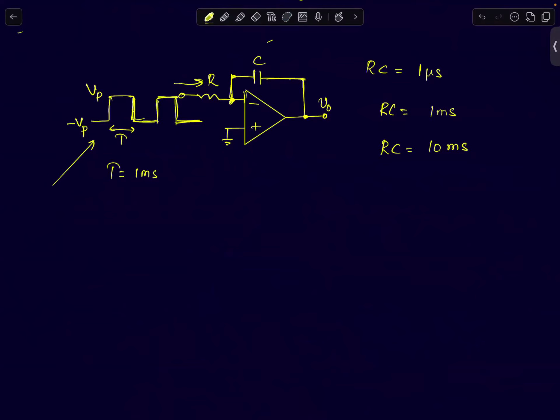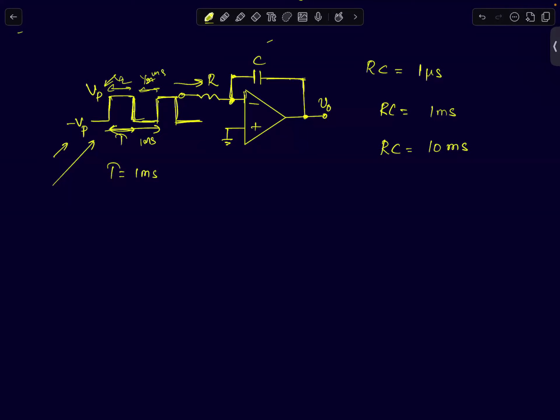Okay, so far we just analyzed intuitively. Let's get the math right. It's given that the signal goes through a peak voltage of Vpeak and minus Vpeak. The time period of this pulse, let's take the whole duration as 1 millisecond, which means the on time is half a millisecond, off time is half a millisecond.